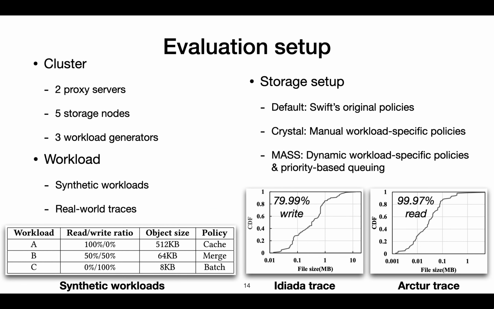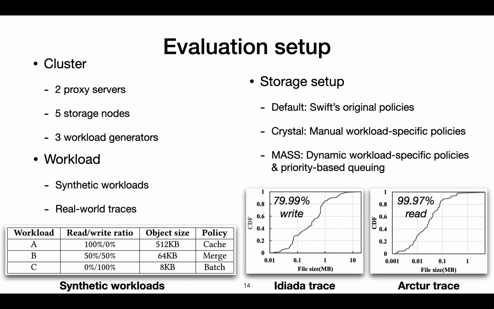Next, we use experiments to show the effects that MASS can achieve. The cluster we use for the experiments includes 2 proxy nodes and 5 storage nodes, and the other 3 machines are used to generate workloads.